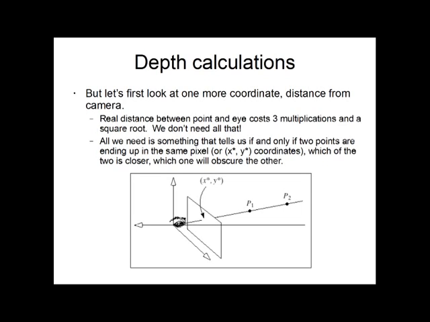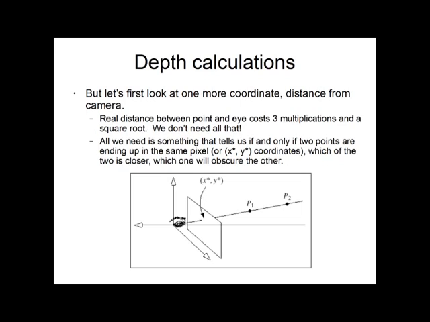Although we're not going to actually keep the z-coordinates, we're going to take some representation of the distance and store that, and we're going to try to calculate this in this same single matrix multiplication as well. So everything simply to optimize the OpenGL pipeline or the graphics pipeline. We're going to try to do this all in one calculation.